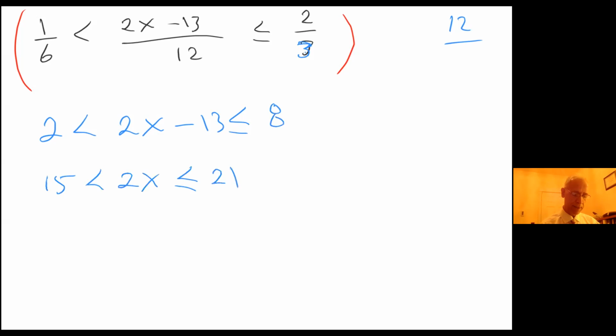Now, dividing all three sides by 2 results in x greater than 15/2 or 7.5, and x smaller than or equal to 21/2, which is 10.5.